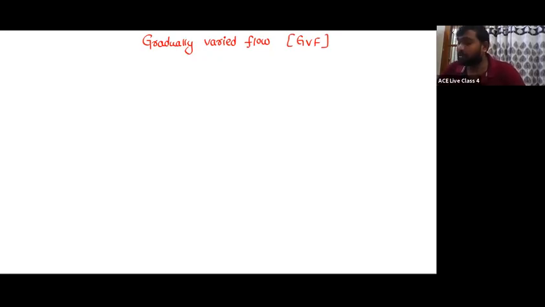So now coming to gradually varied flow. Is it a steady flow that I am discussing or an unsteady flow? Steady flow. So when do you say gradually varied flow? It's a steady varied flow that happens over a longer span.